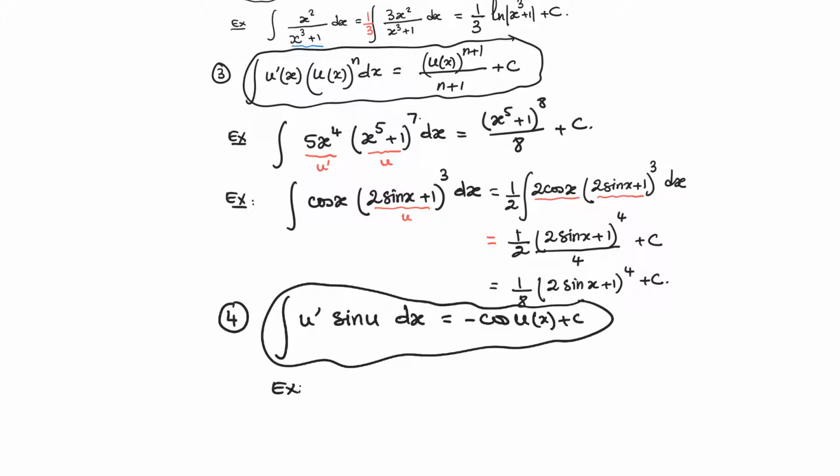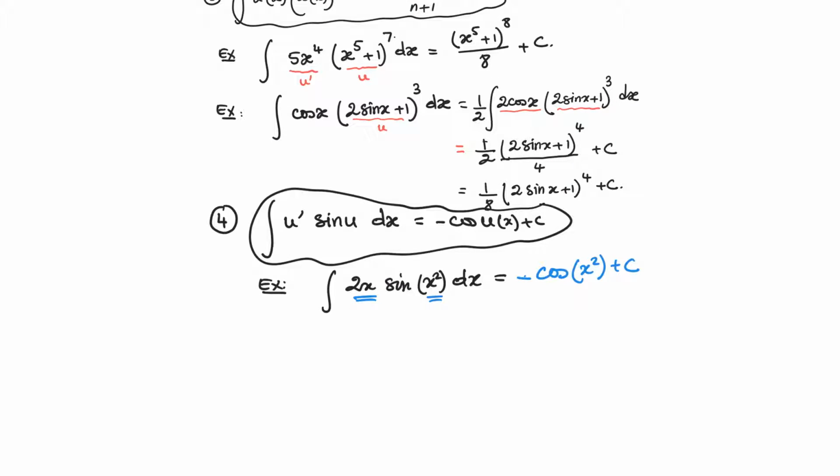An example, of course, would be a simple example, 2x sine x squared dx. Now, the derivative of x squared is 2x, so this will be just minus cosine of x squared plus a constant.